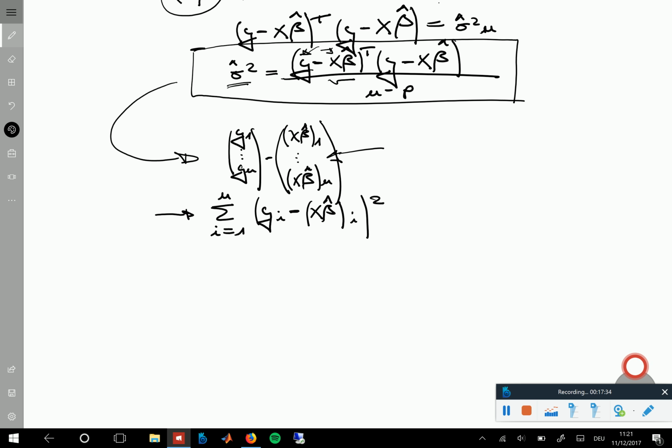What that means, if you think about this in terms of, for example, a simple linear regression fit, is that if you have some data points here, with the beta hat estimator you found a procedure to find the best fitting line.